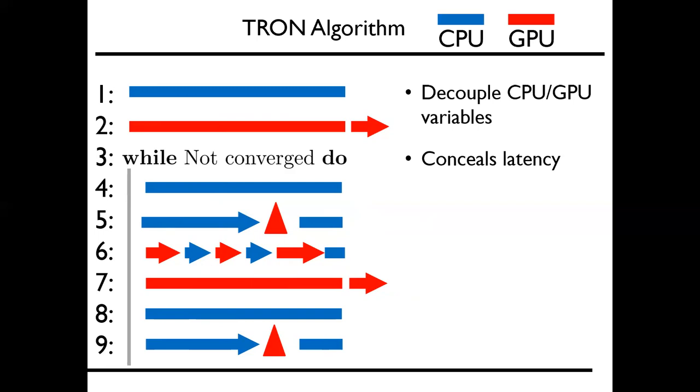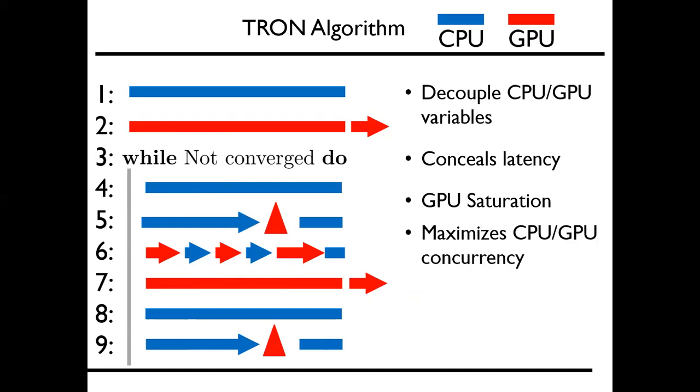That transfer from the GPU to the CPU has a layer of CPU code, which effectively conceals the latency of that transfer. The GPU is saturated, so we've offloaded as much compute to the GPU as we can, hopefully without incurring too many penalties. And this also maximizes CPU and GPU concurrency.